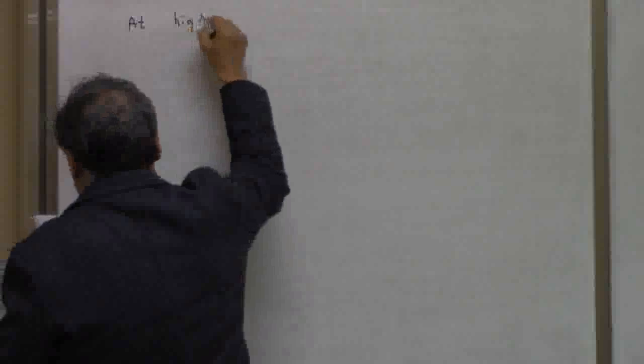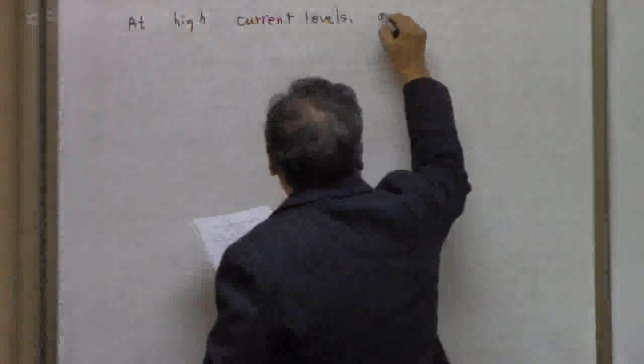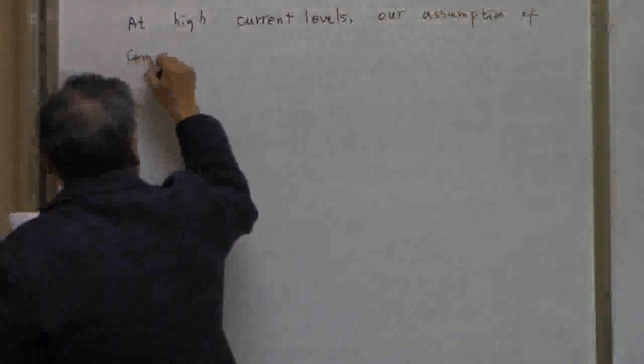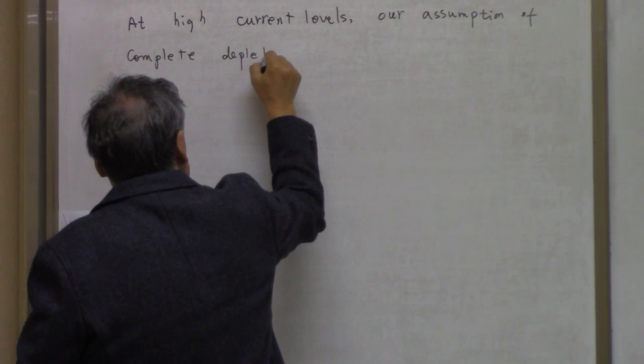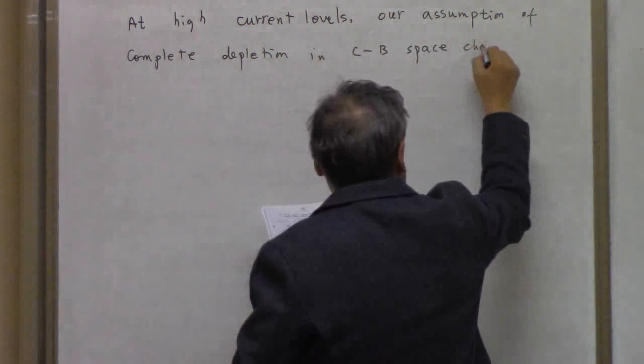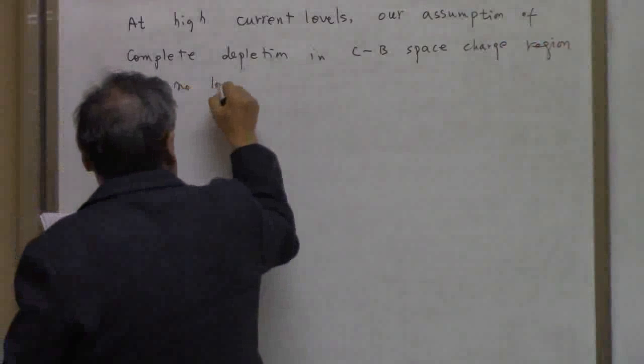Now if you have high current levels at the collector, our assumption of complete depletion in the collector base space charge region is no longer valid.